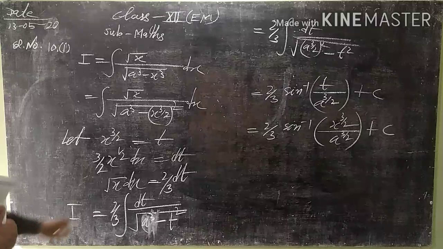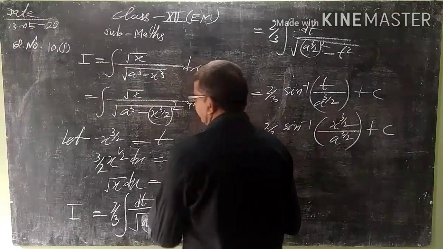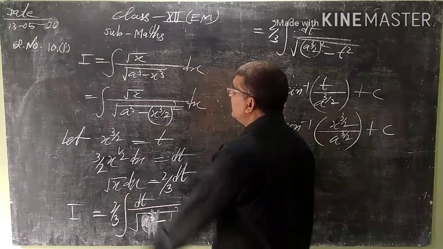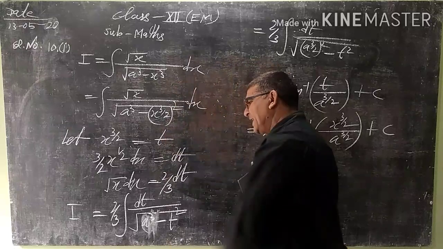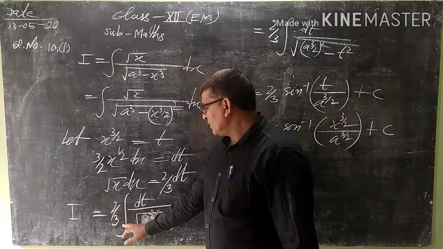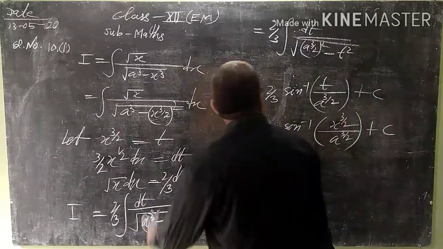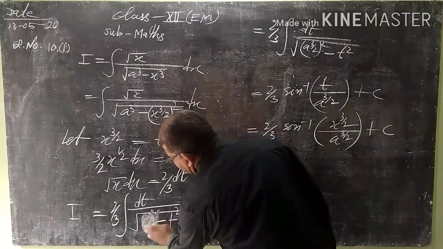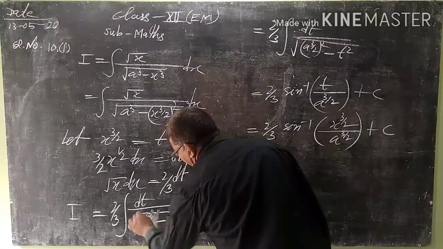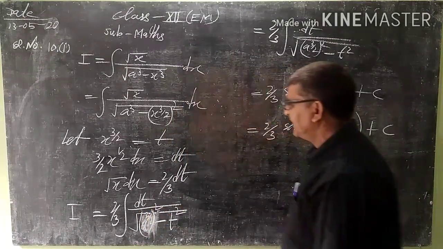Now I equal to 2 upon 3 dt, instead of under root x dx we can put 2 upon 3 dt, and a cube can be written as power of a 3 by 2 whole square.